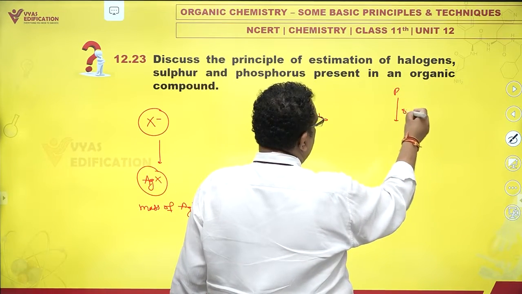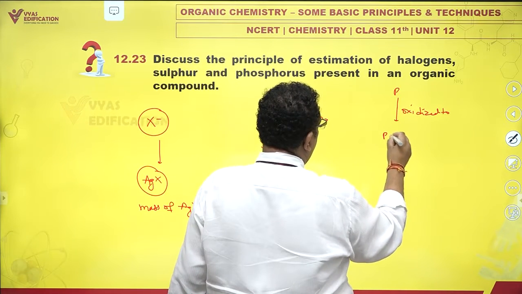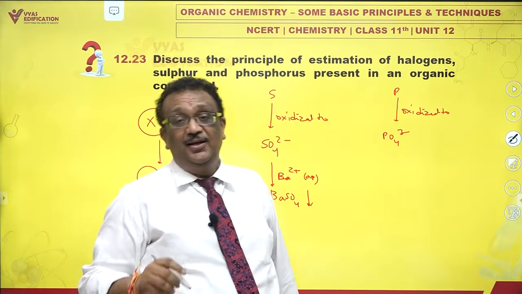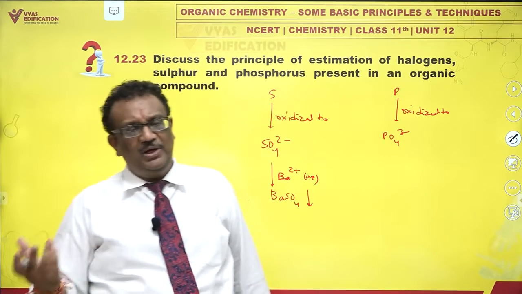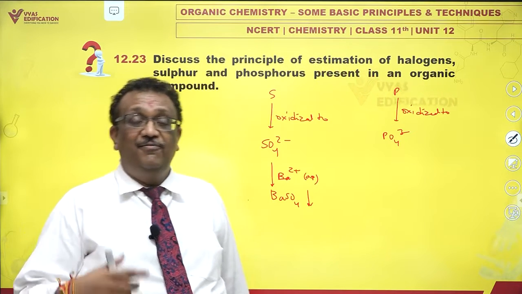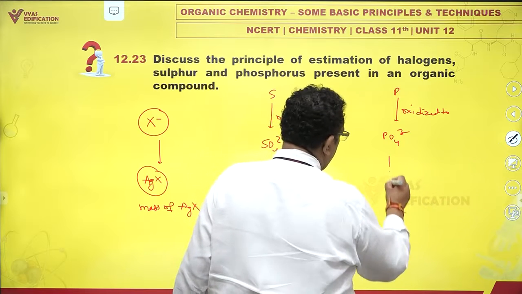What about phosphorus? Phosphorus is oxidized to phosphate, and this phosphate can be identified or isolated in many ways, but typically it is precipitated in the form of, yes, you add ammonium molybdate here.